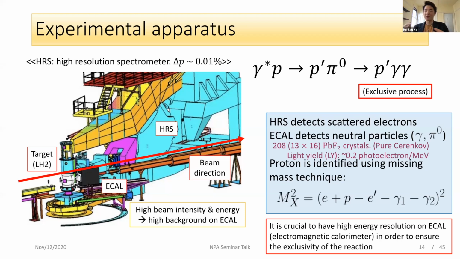So we just had these exclusive events, not using this missing mass technique. But you know, the proton is hard to detect with thin plastic scintillator, and the efficiency was not good. And it turned out the electromagnetic calorimeter has decent energy resolution. So at the end, we decided not to use the proton detection.